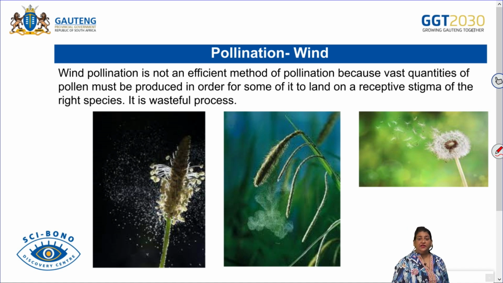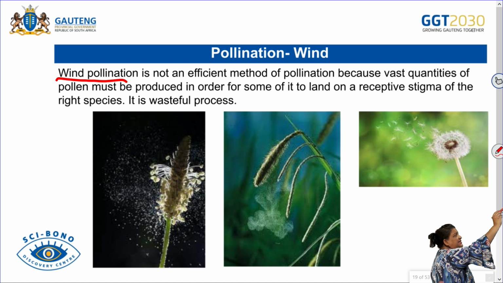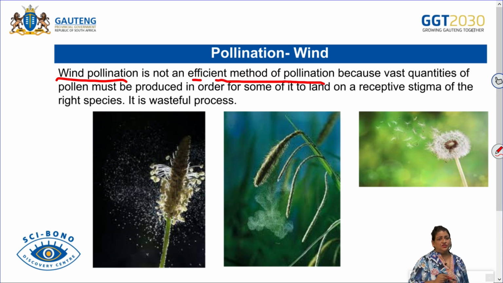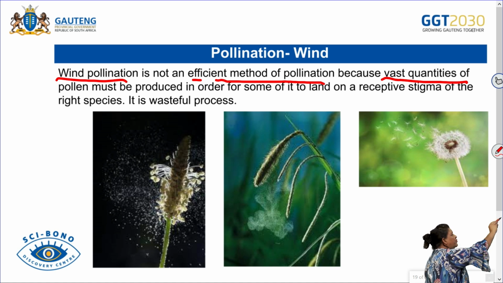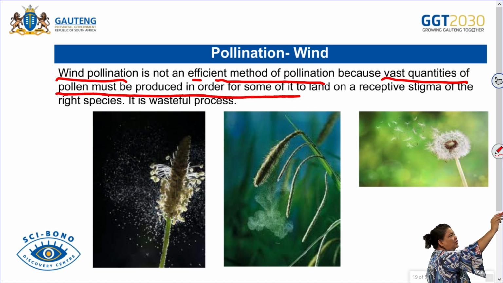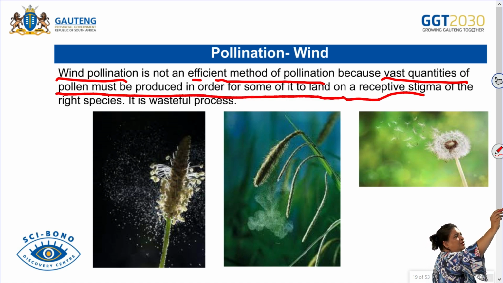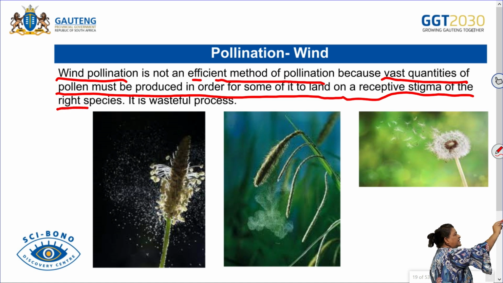Wind-pollinated flowers. Now we learned about insects and birds. Now your wind-pollinated flowers. So wind pollination is not an efficient method of pollination. We need wind to pollinate, but it's not efficient because vast quantities of pollen must be produced in order for some of it to land on a receptive stigma of the right species.